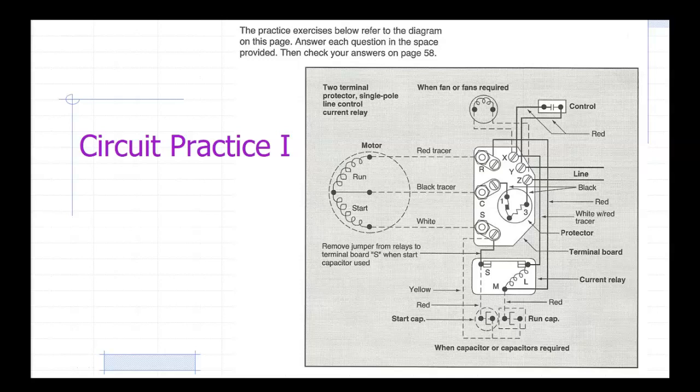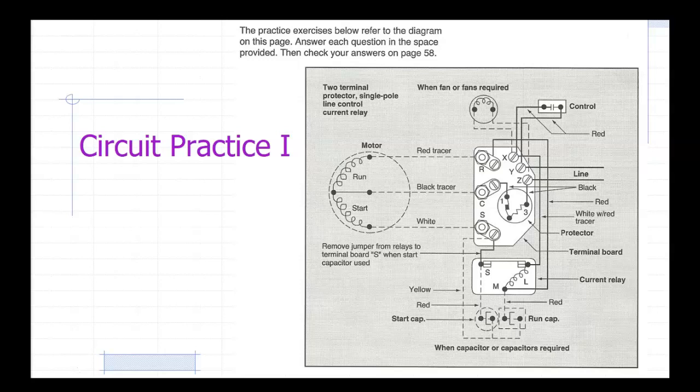If a fan is included in the system, is it connected across the incoming power line? The answer to that is, you might want to check again. So tracing my fan, I've got one leg coming to X, I've got one leg coming to, I think it's Z there.